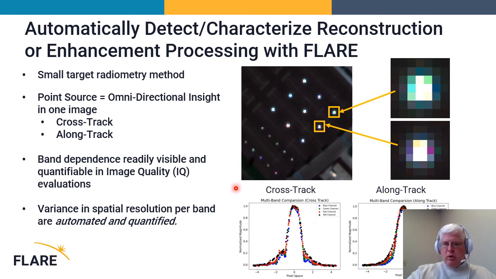That can also be quantified and automated to extract the point response function, and then you get it quantitatively here, and that can really help you to diagnose what's going on with, say, some of your color or radiometric information. This provides both along and cross track, and it is truly a powerful aspect of the FLAIR information.